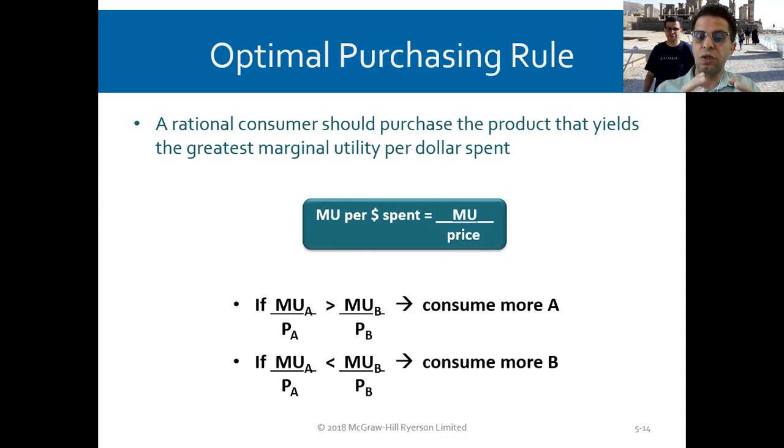So the marginal utility per dollar spent is marginal utility divided by the price.